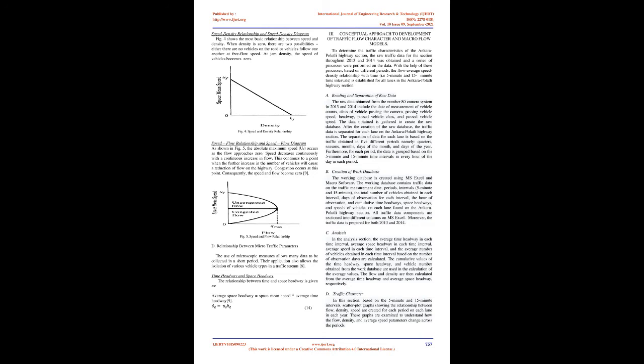The raw data is 72,677 KB in size, and it includes the date of measurement of vehicle counts, class of vehicle passing the camera, passing vehicle speed, headway, passed vehicle class, and passed vehicle speed. Fig. 8 shows a screenshot of part of the raw data for one of the lanes on the Ankara-Polatli highway section. Fig. 8. Screenshot of the raw data file.